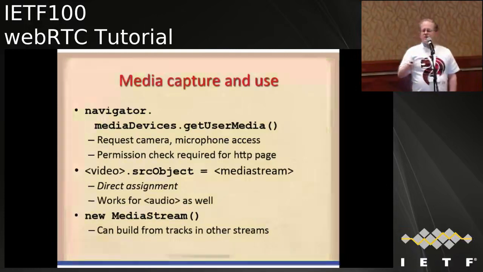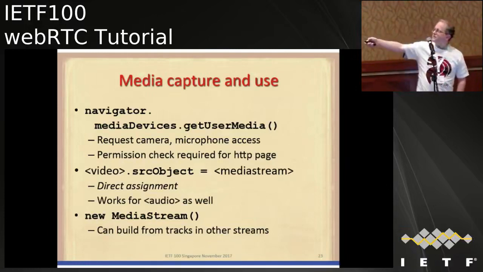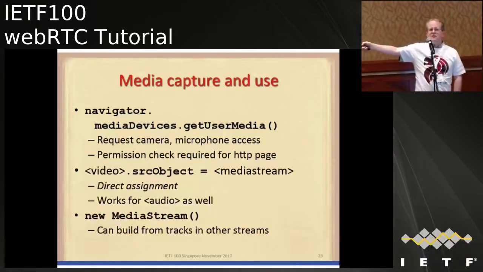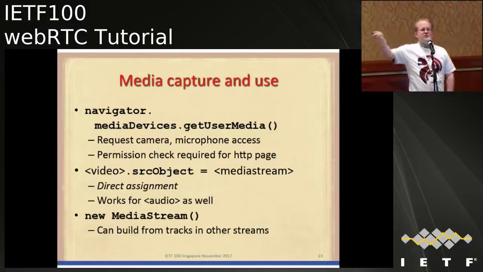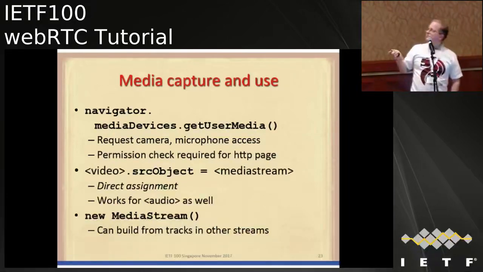So the point here is that instead of just setting the source of a video element to be a URL, you can set the srcObject to be your media stream directly. It's not going to fetch a resource referenced by URL. Instead, it's going to use a local media stream.